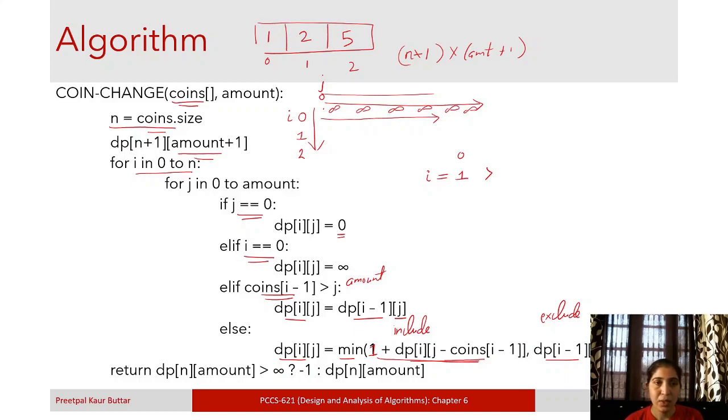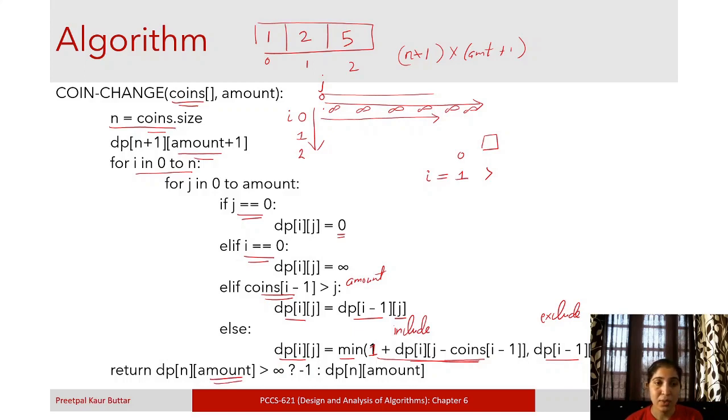This is how these two loops work, and at the end we return the final solution, which is at the last cell. The last cell's row is n, where n is the number of coins, and the column is the amount, the final amount which we are making.